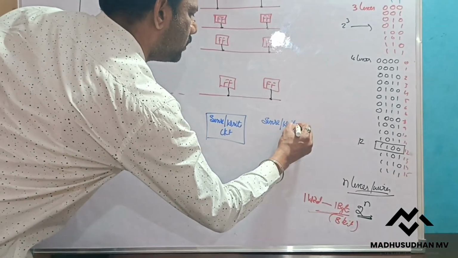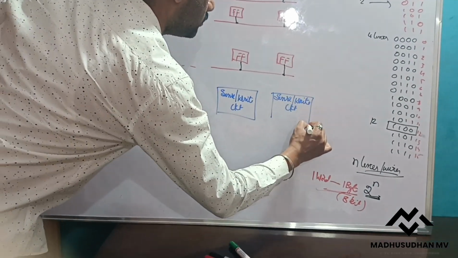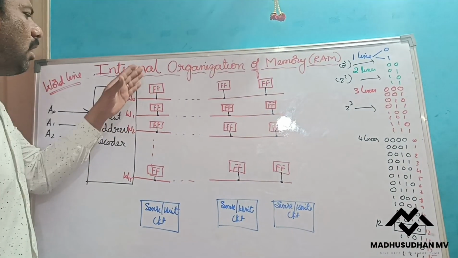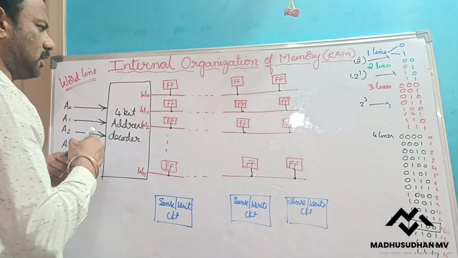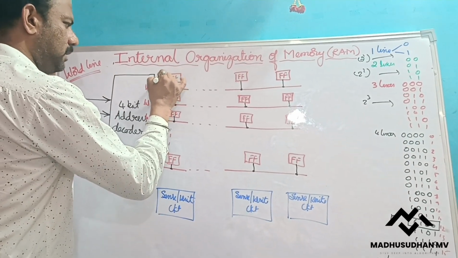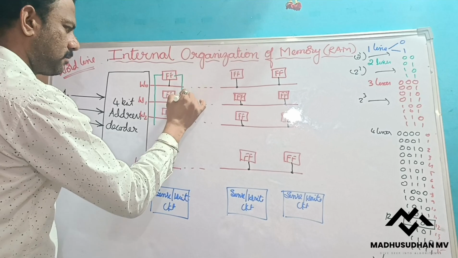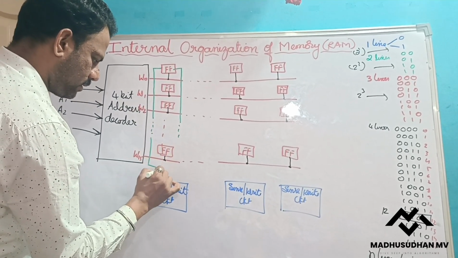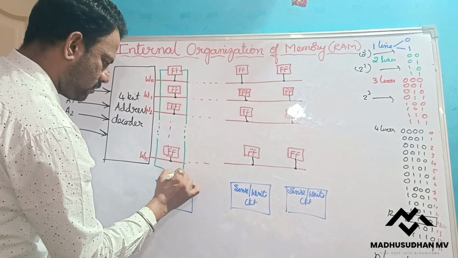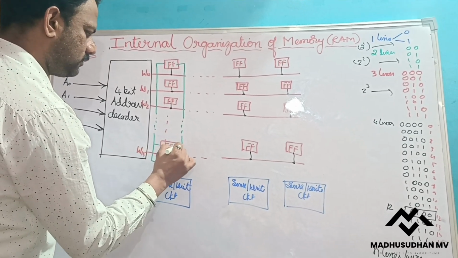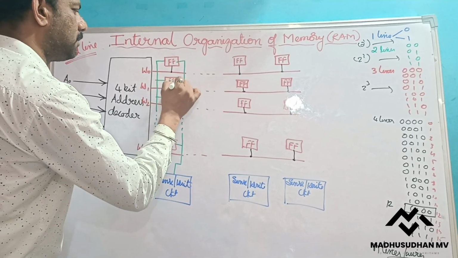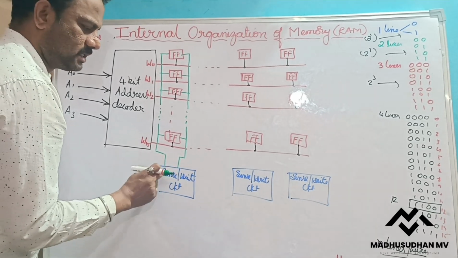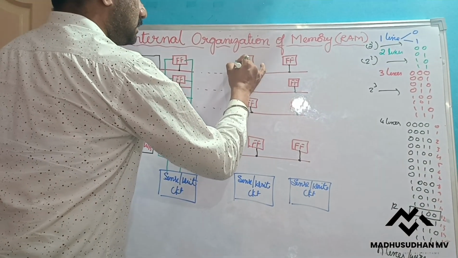All the flip-flops are connected to these sense circuits. This flip-flop is connected, this flip-flop is connected, and this flip-flop is connected, on both sides, to the sense or write circuit. Similarly, these lines also.